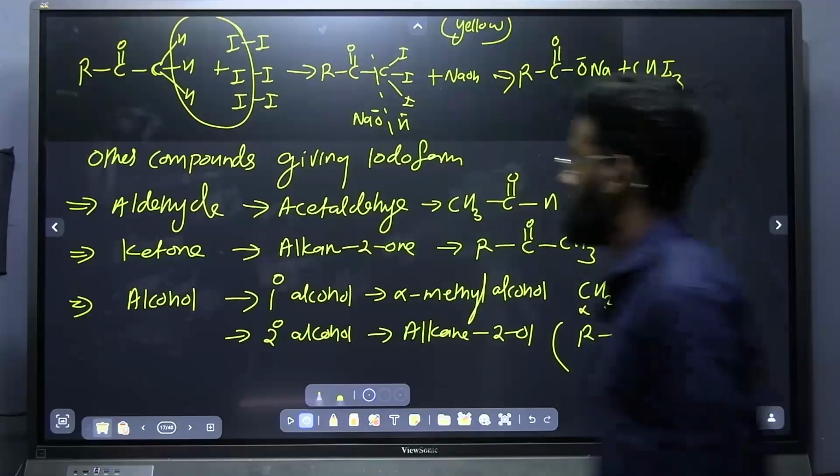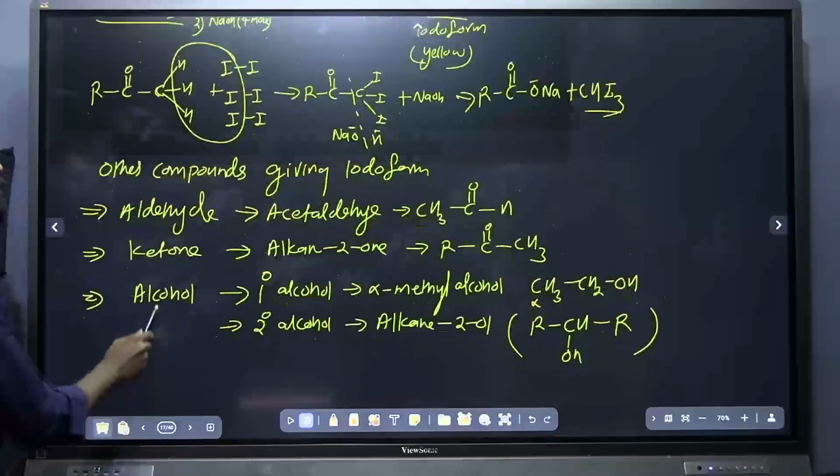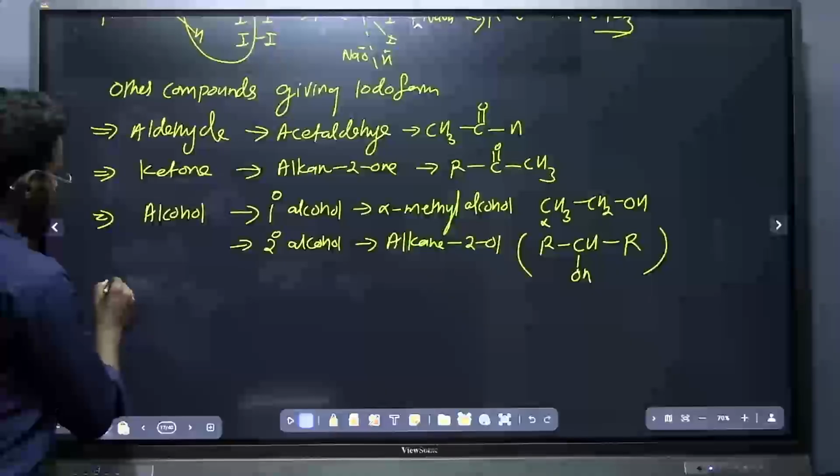Yes. Now these are the other compounds which are giving iodoform test. Now there are compounds which won't give iodoform even though there is methyl ketone.